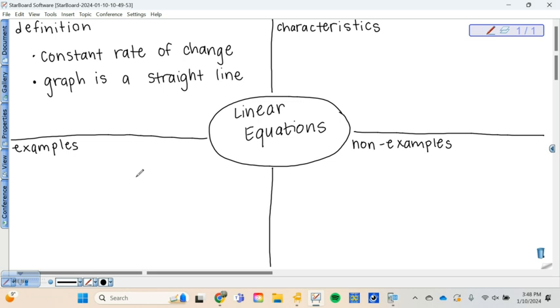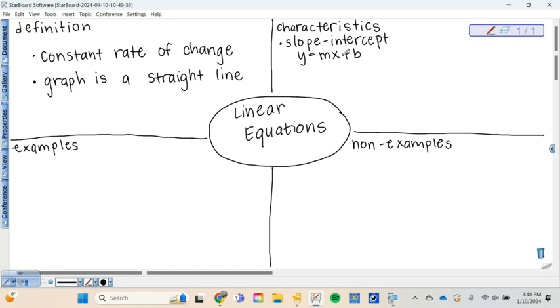So what's one form that we learned about last semester? Either the name of it or the equation itself. Good. What is that called? Yeah, slope intercept. Is y equals mx plus b.